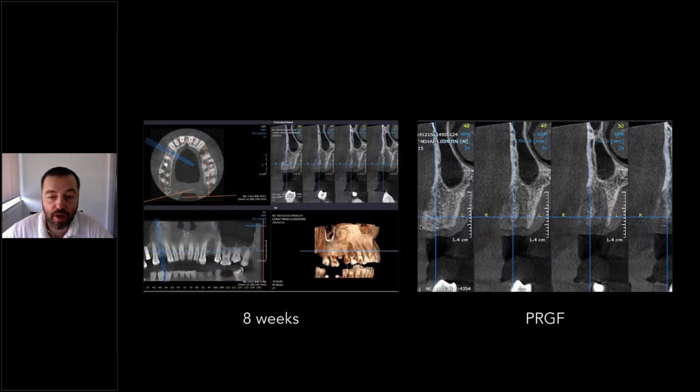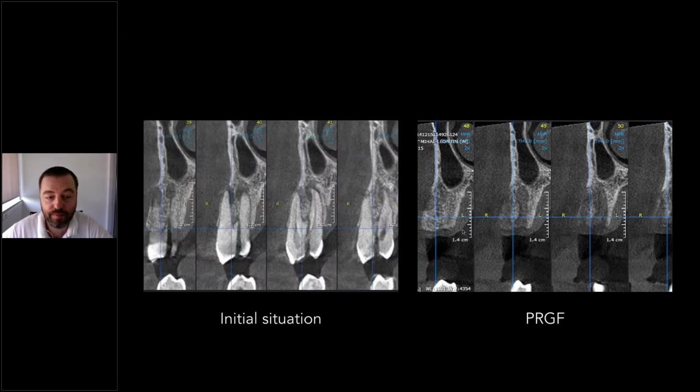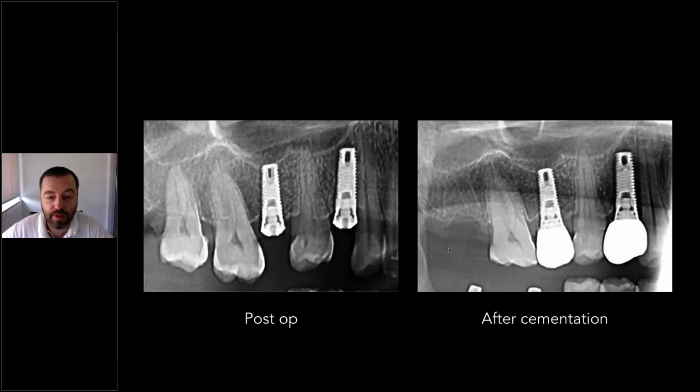This is how our concept of open healing generates the outcome after the healing, and the implants in situ and after cementation. So this is just to start with an everyday practice simple case.